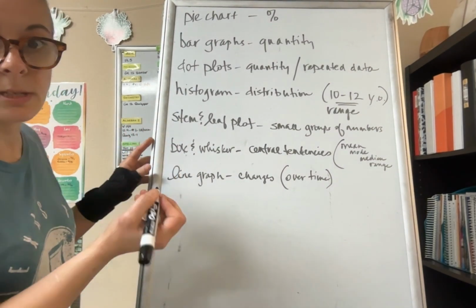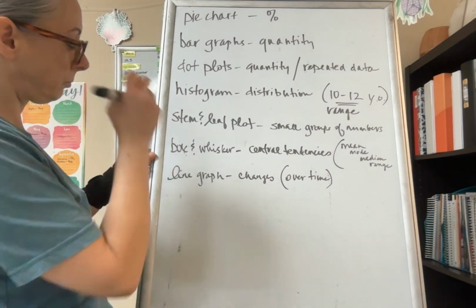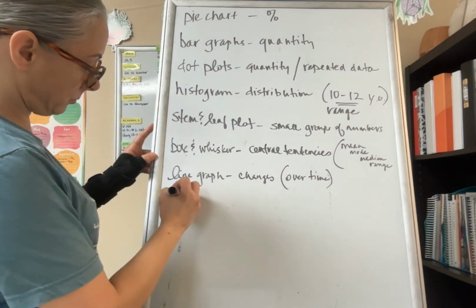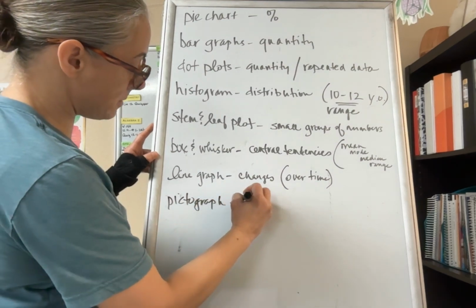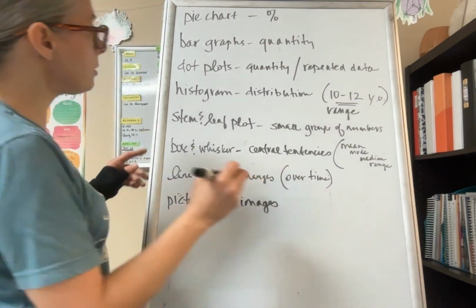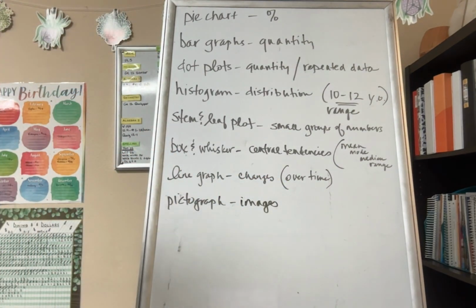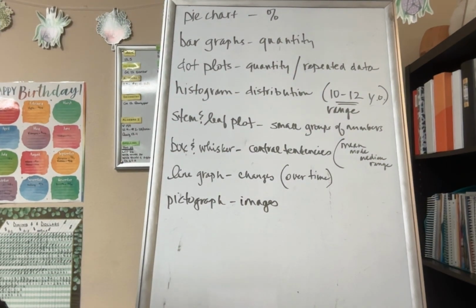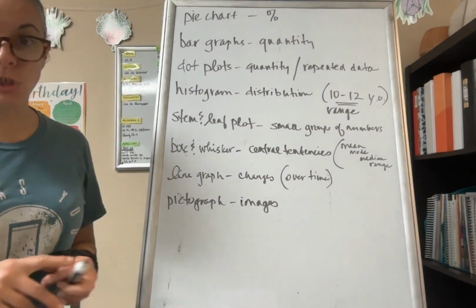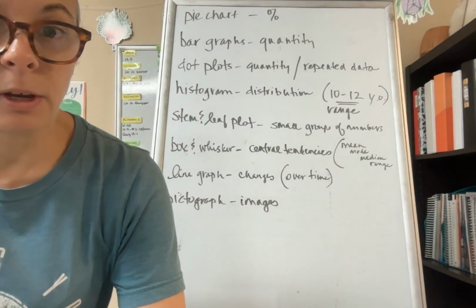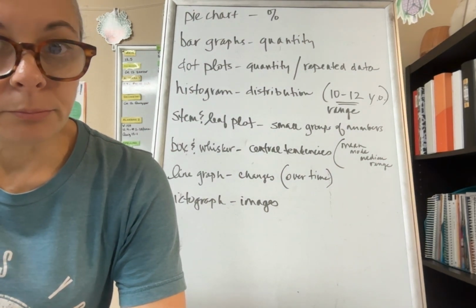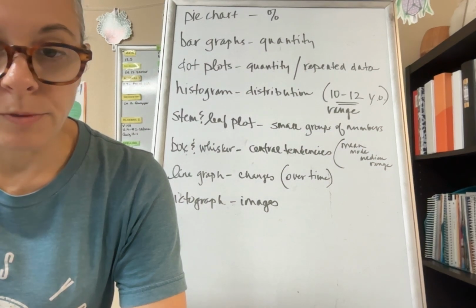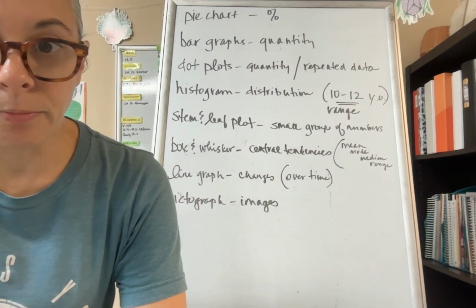That's the one I missed. A pictograph uses images. It's similar to a dot plot or a bar graph maybe, but it uses images instead of bars.